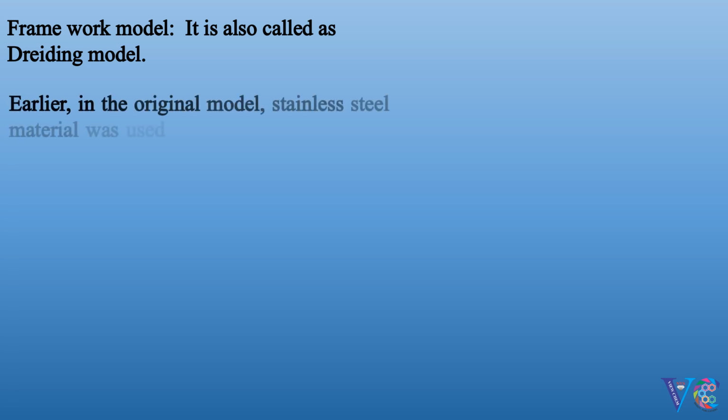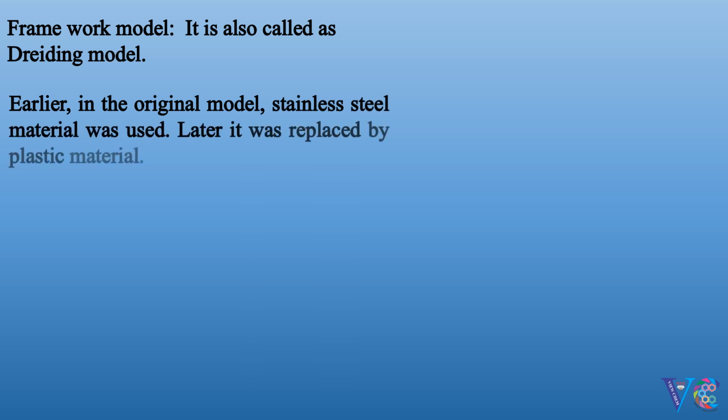Framework model: it is also called as Dreiding model. Earlier, in the original model, stainless steel material was used. Later, it was replaced by plastic material. In this model, atoms are shown with solid and hollow spikes.